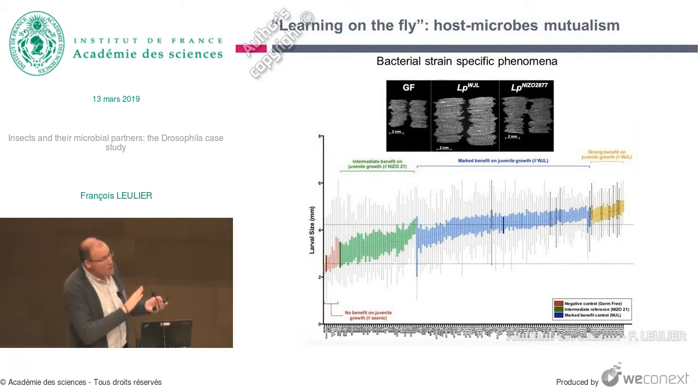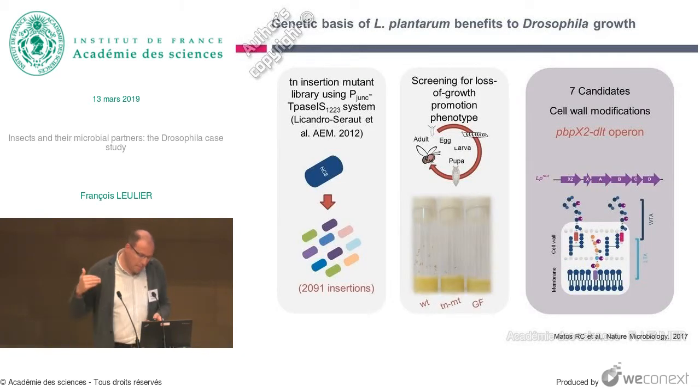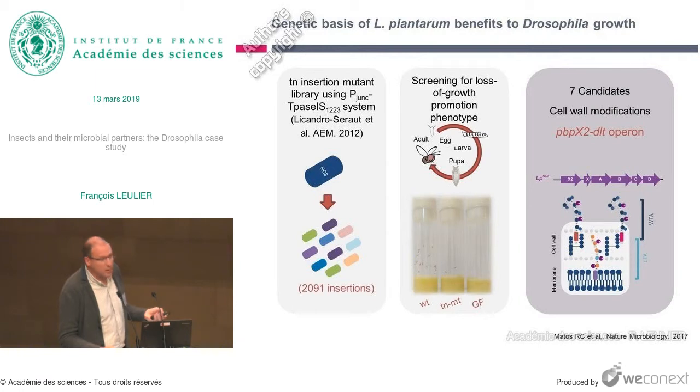So we have a very strain-specific phenomenon, and we were very intrigued by understanding the genetic basis of this strain specificity. So we took a step back and we decided to screen genetically the genome of Lactobacillus plantarum in this context. For that, Renata Matos, at that time a postdoc in the lab, designed a transposon-mediated random mutagenesis of the plantarum genome.